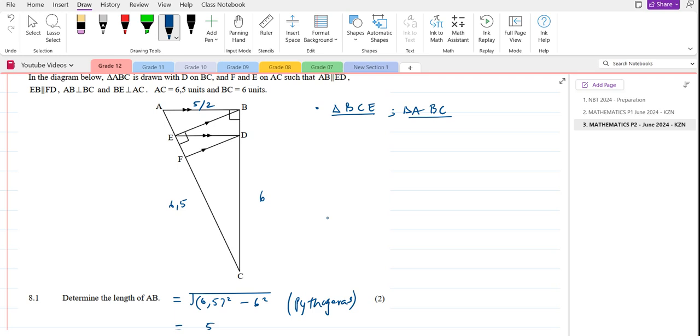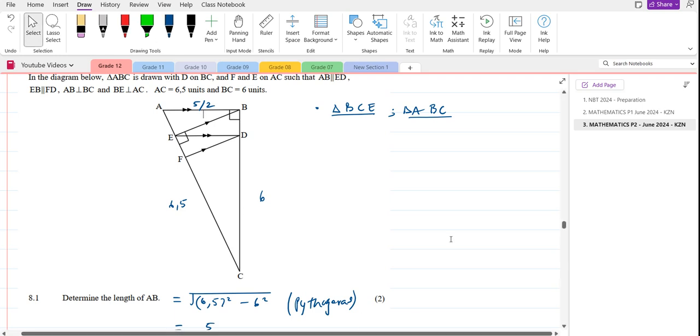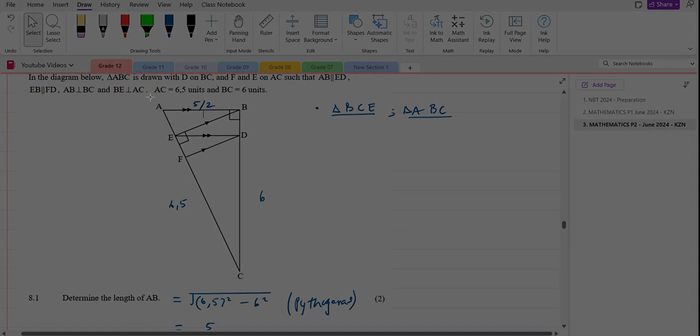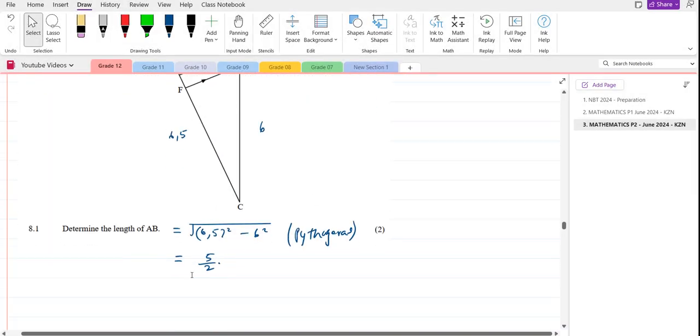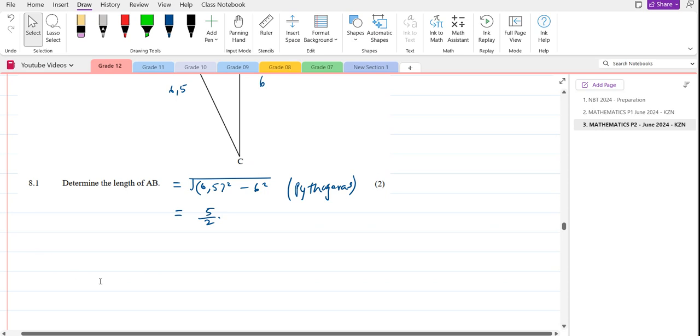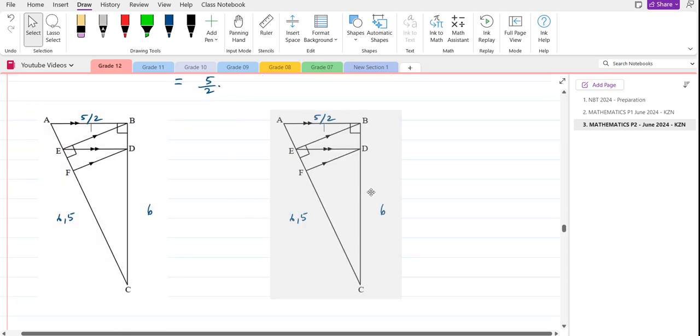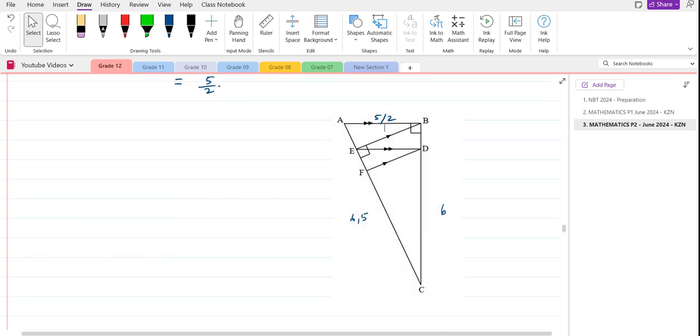Perfect. Next question. So I need this information over here. See, 5 over 2 or 2.5. I need this information here to solve the next problem probably.